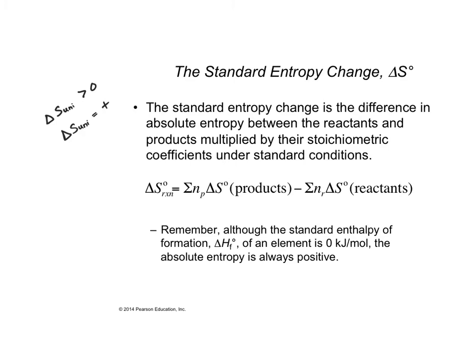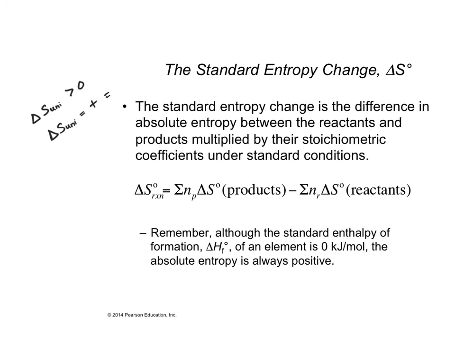So if this delta S of the universe is just the final entropy minus the initial entropy, and this has to be a positive value for this to be a spontaneous process, what does this tell us about the magnitude of the entropy in the final state comparatively to the initial state? Does it have to be larger? Does it have to be smaller? This guy versus this guy. Who's got to be bigger if this is a spontaneous process?